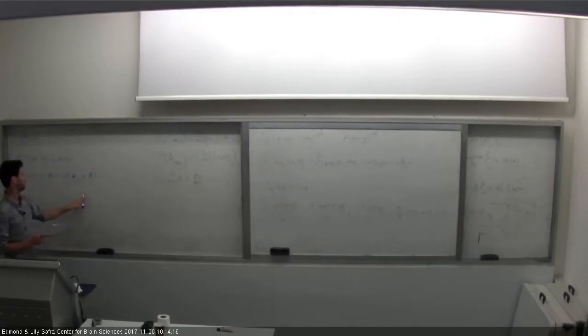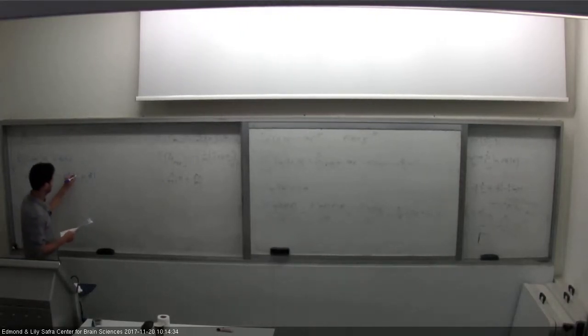We have observations that come from a normal distribution, and we have two unknown parameters: the mean and the variance of the Gaussian.